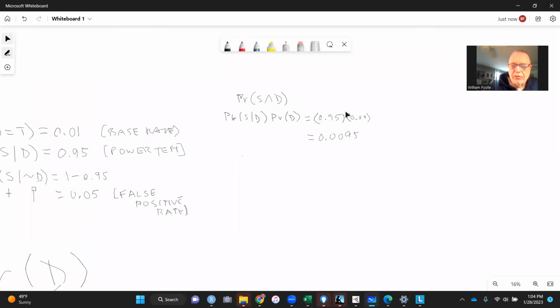To use this, we can take advantage of this, where we have D, not D, we have S. We have this 0.95, 0.05, which are what we call the likelihoods.